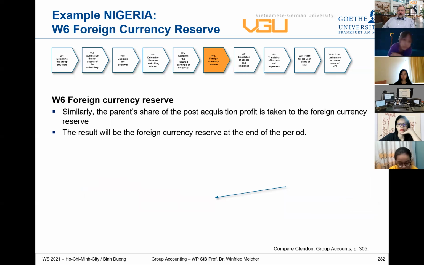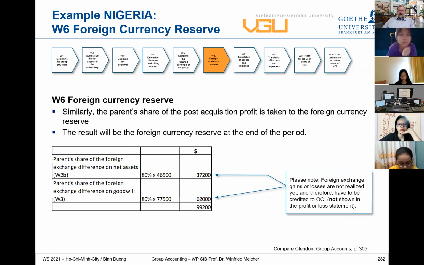Now, what about the foreign exchange currency reserve? Well, we have to calculate that one also, and we know that this one goes into OCI. So the parent's share of the foreign exchange difference on net assets is a difference that is related to the fluctuating currency rates.